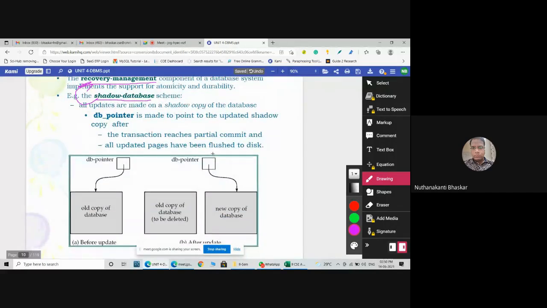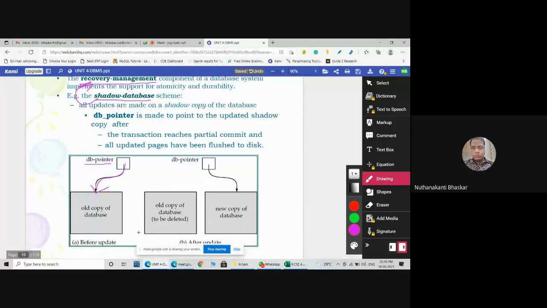In a shadow database scheme, there is a database pointer, the DB pointer. This database pointer always points to the current update, meaning whatever the current data is. In this shadow database, it stores one by one.